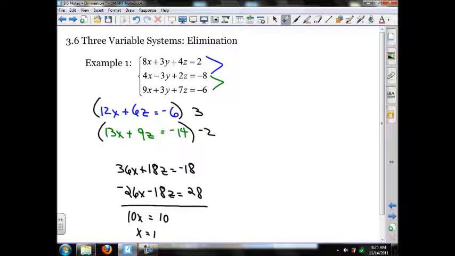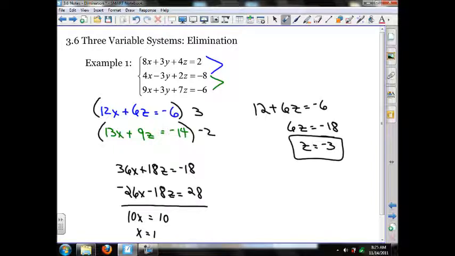Really what we're doing, once we get 2 equations and 2 unknowns, this is my new problem. Solve for x and z in that problem. So I got x. Come back to one of those 2 equations and plug in. Got x, I've got z. And now how do I get y?